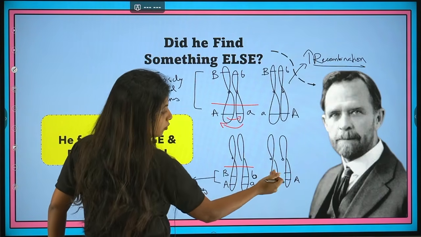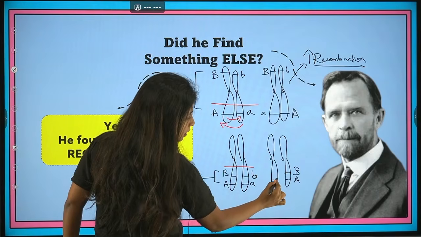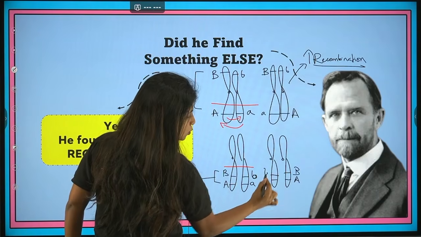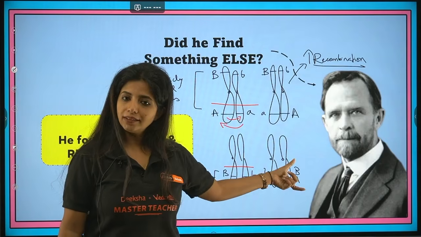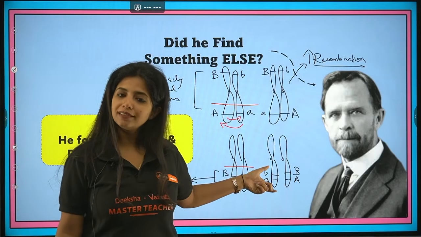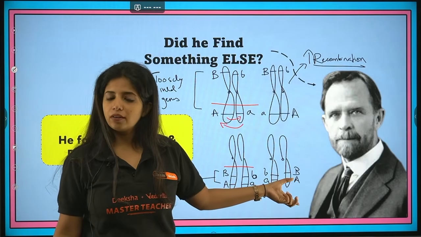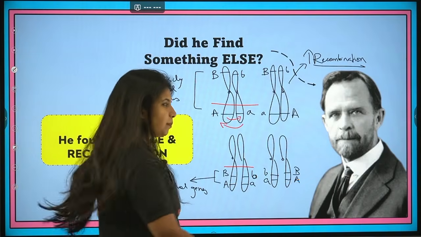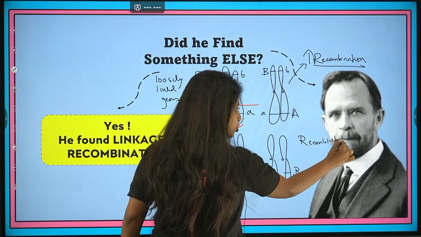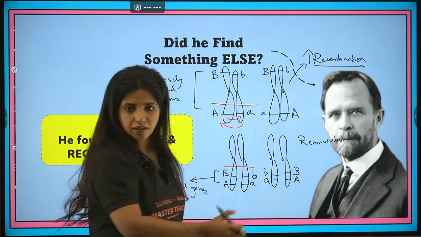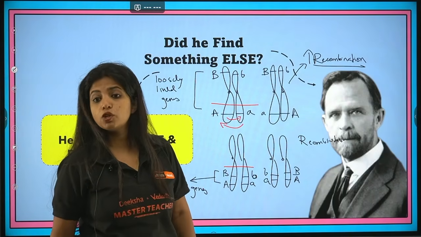Here you will have capital A, capital B. Here you have small a, small b. But if you see, it's together. They were together, they are together now. Is recombination happening? Yes, recombination is definitely happening. It's not that a new combination is not being formed, because the upper gene is different, right? So with that, if you compare, yes, recombination is happening.